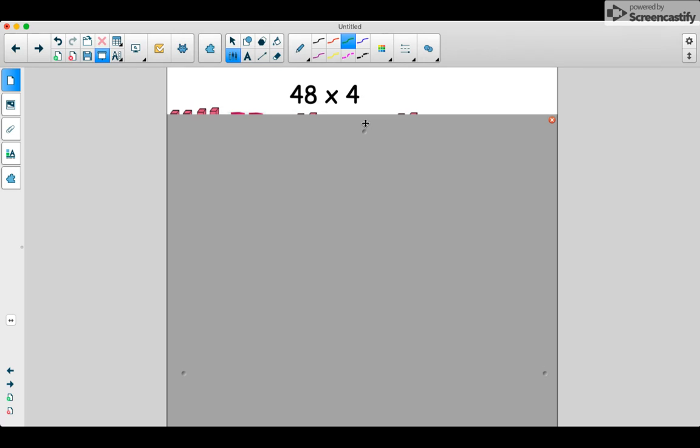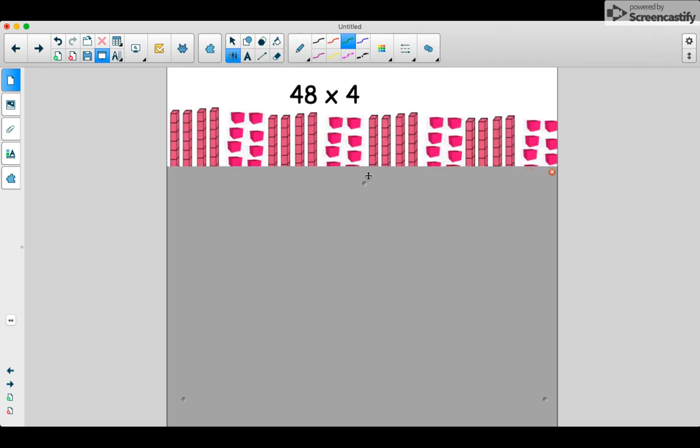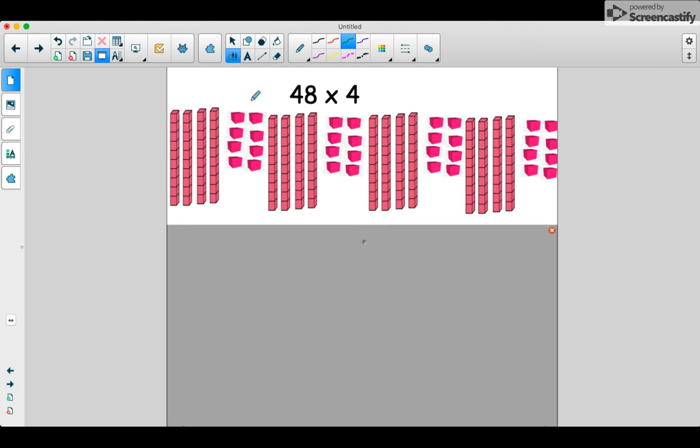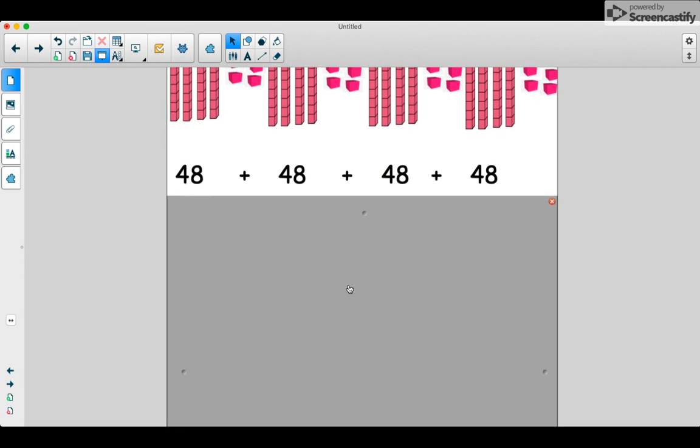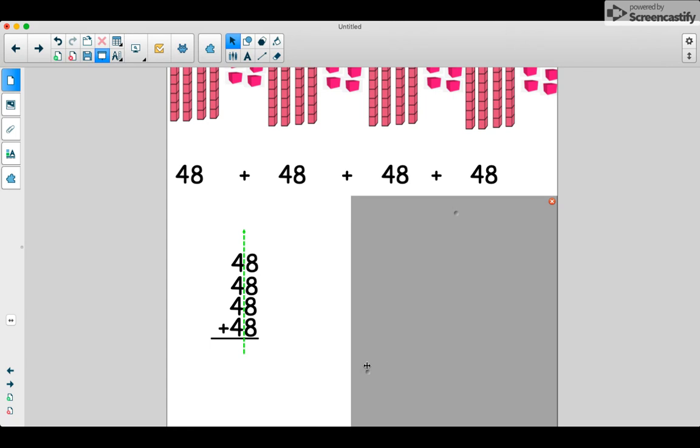Now when we get to 48 times 4, we're thinking 4 groups of 48. You can see that this 4 is in the 10s place, so those are my 4 10s, and then my 8 1s. And I have that 4 times. So it's like I'm saying 48 plus 48 plus 48 plus 48. So I could do it by adding 48 4 times.